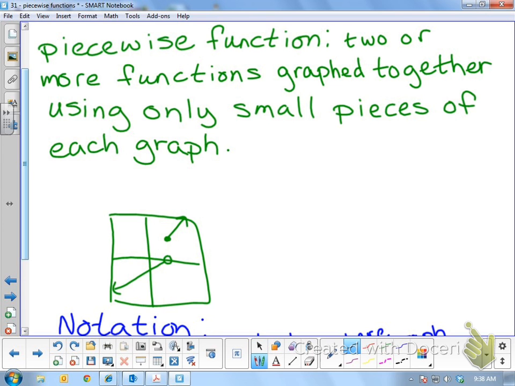I could have continued this on and said, there's a picture of one line, there's a picture of another line. But in order to make it piecewise, we didn't want them to cross or to cover the same area at all on the graph. So we erased some of it. We got rid of those pieces of those lines. Again, that picture is already in your book. You don't have to redraw the picture. It's at the bottom. I just wanted to talk about it.